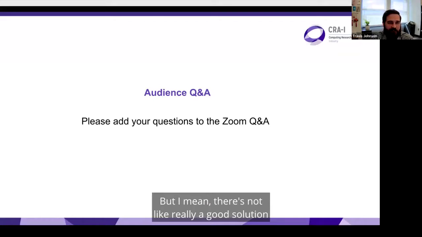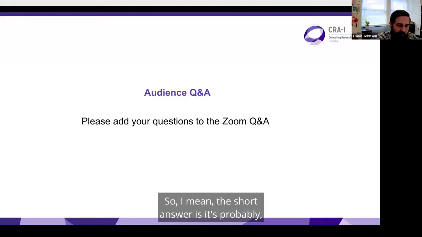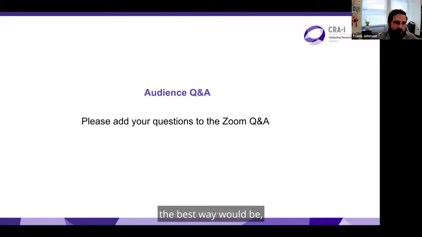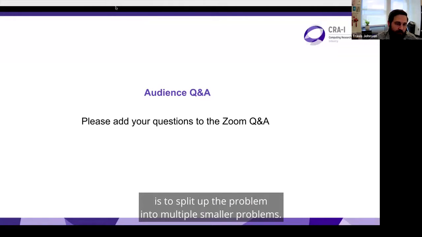But there's not really a good solution when there is just too much data to process completely without these new algorithms. So the short answer is that one of the ways you could do it is to split up the problem into multiple smaller problems.